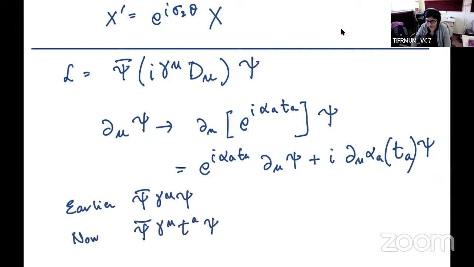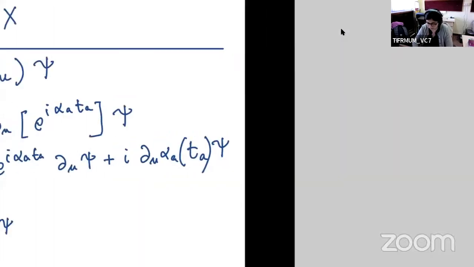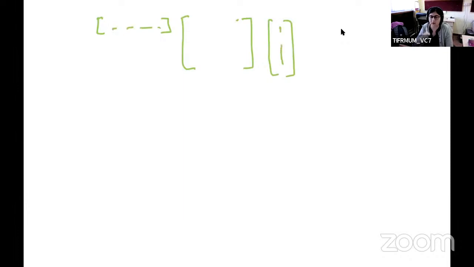Okay, so again you can look at this diagrammatically. So you had psi bar gamma mu psi, right, where you just had one dimension, but now you also have an internal degree of freedom to contend with.